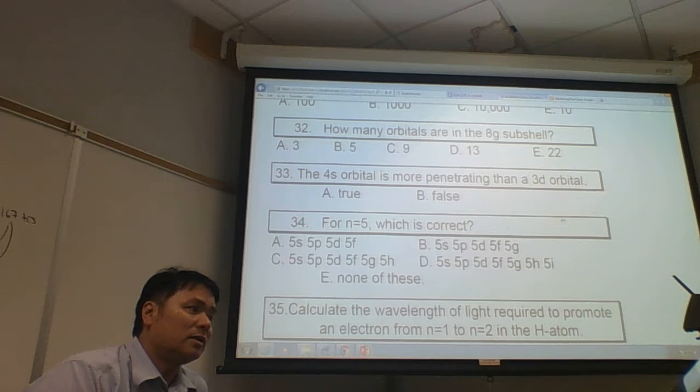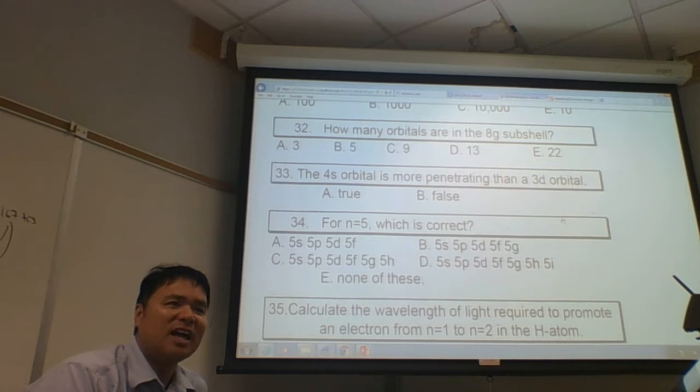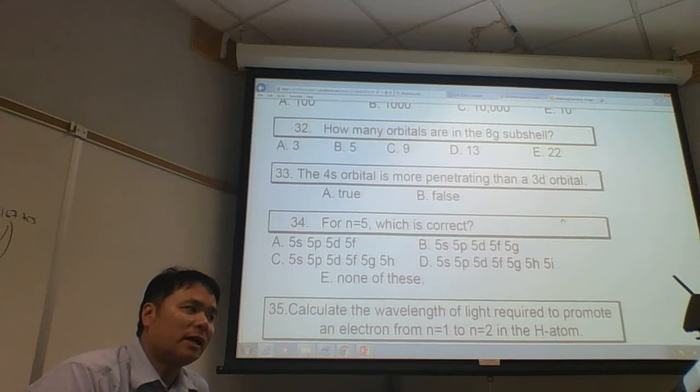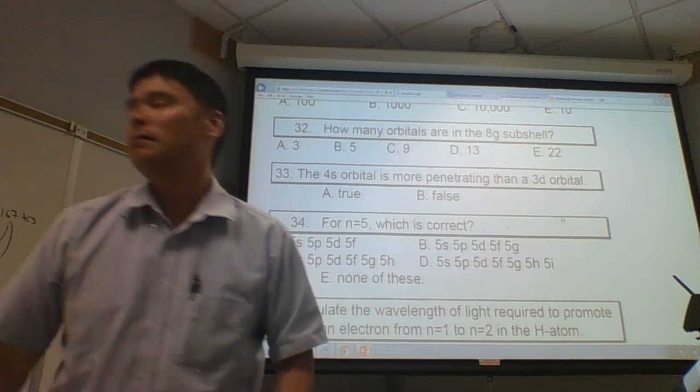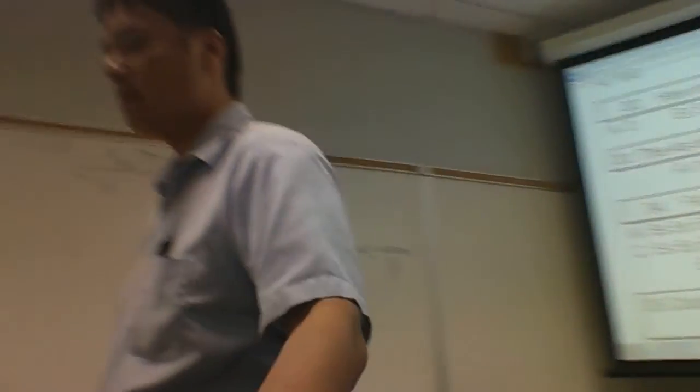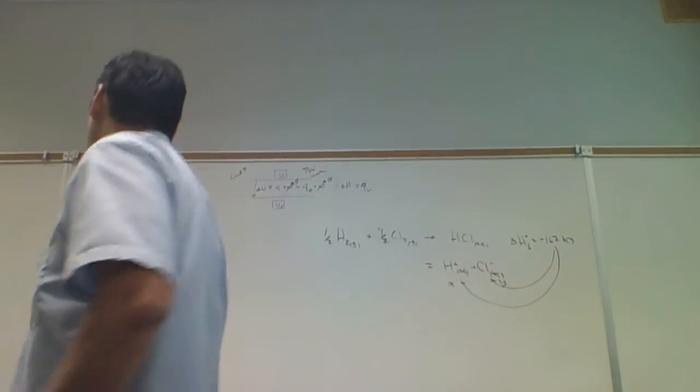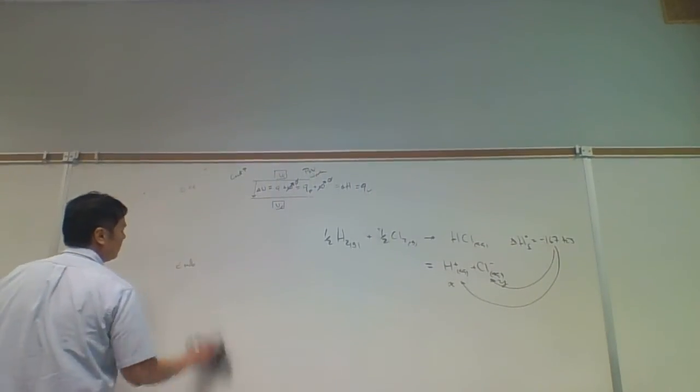So on the one hand, I would say 3d is more penetrating because n equals 3 in general is a lot closer to the nucleus than n equals 4, right? But on the other hand, I would say 4s is more penetrating than a 3d. Why? Because I've memorized something, and this is something everybody has to have memorized: the orbital energy level diagram.